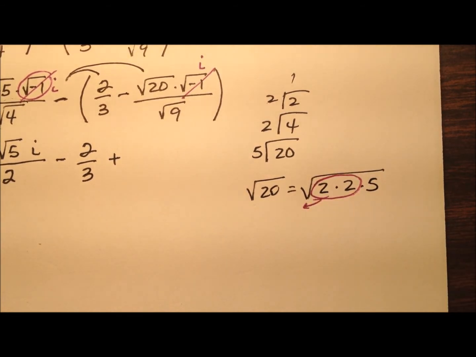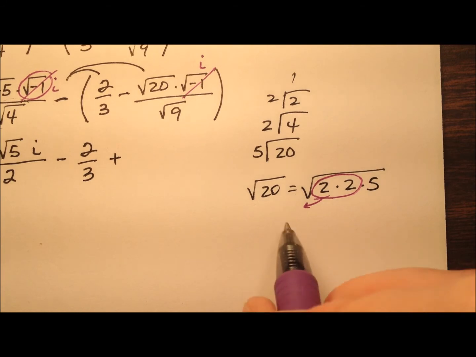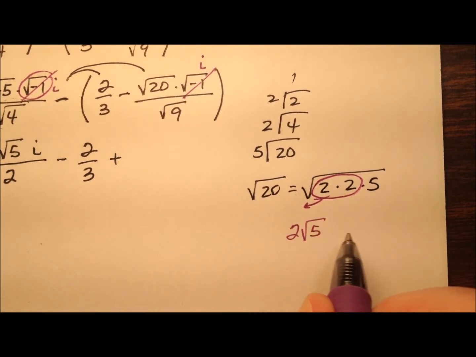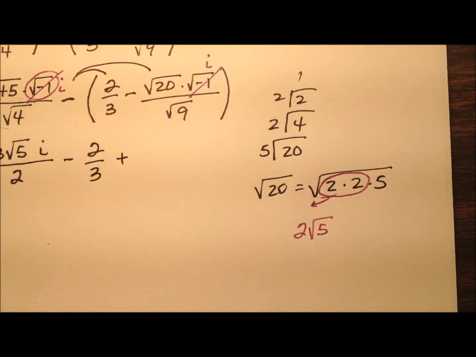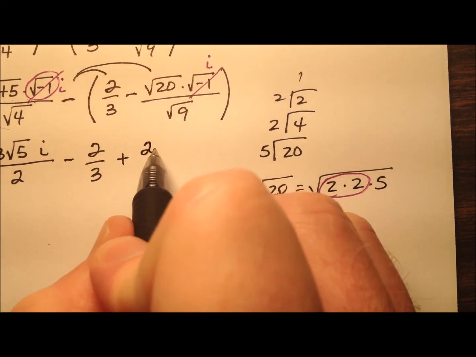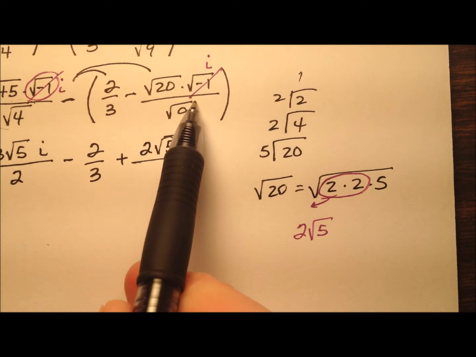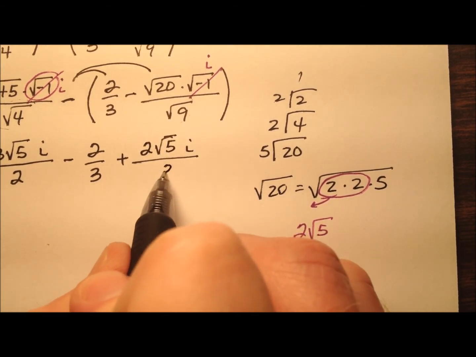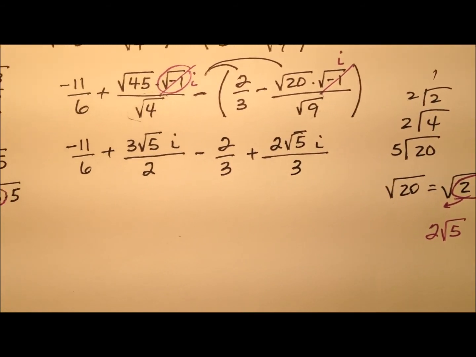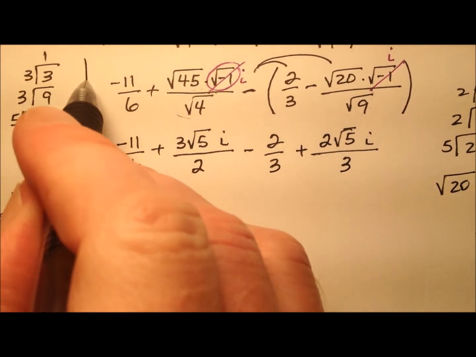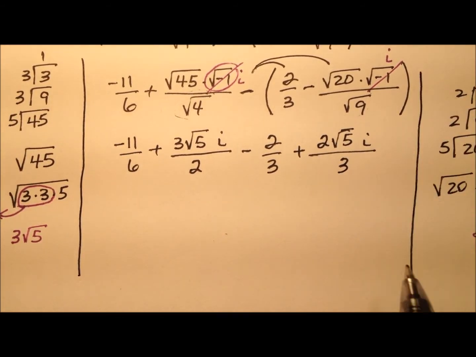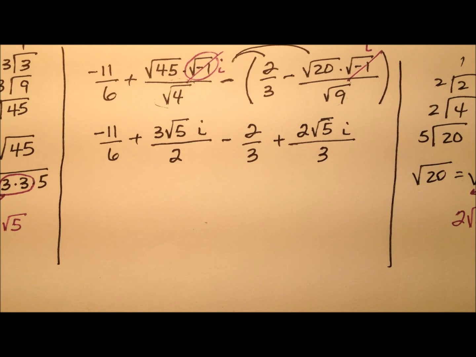So 2 times 2 is 4, 4 is a perfect square. So this will be 2 radical 5. So I can rewrite this now as 2 radical 5 i over, and then the square root of 9, that's actually really nice, that's 3. So kind of draw dividing lines here, keep our work separated.